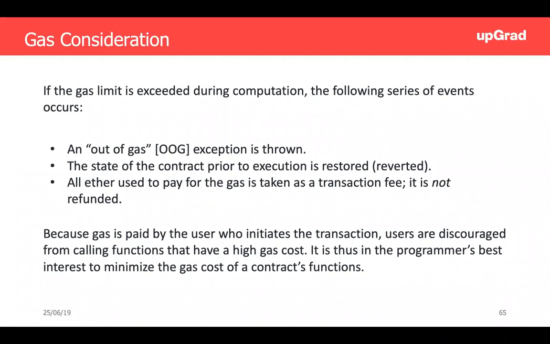There is a huge disincentive for people to use applications running smart contracts that can cost a lot of money because of errors. So as a programmer, you have to be very careful in how you design smart contracts, especially on a blockchain like Ethereum, so that your gas costs are very minimal, or the lowest possible.